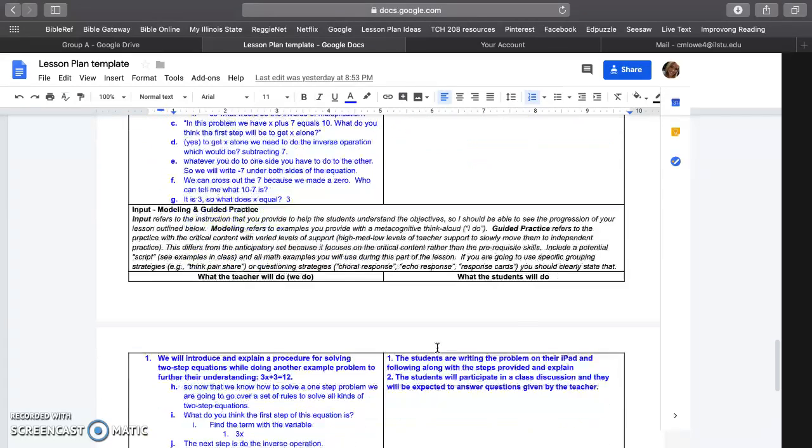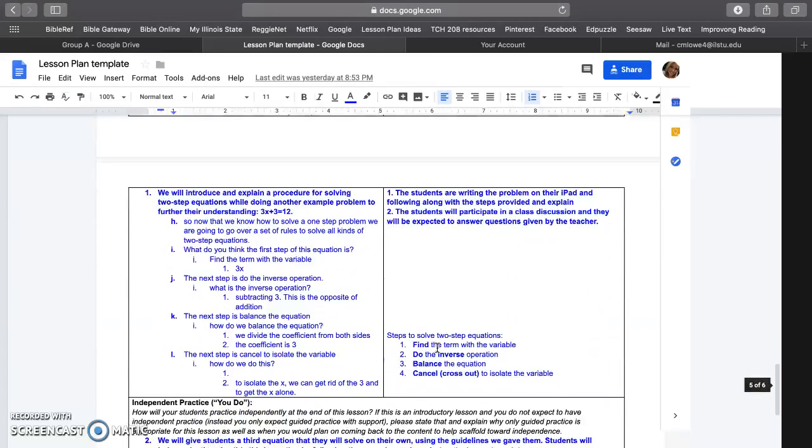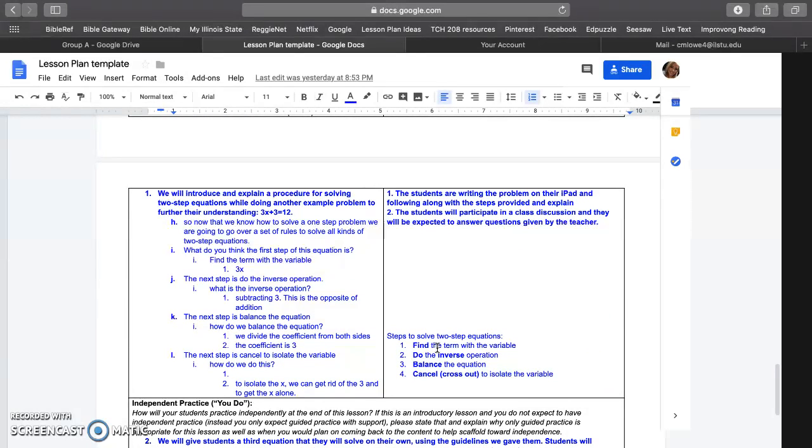And so then the we do part, this is where we're going to do together, and that's where we're doing the 2-step equation, which is 3x plus 3 equals 12. We also have right here our procedural steps, which is first find the term with the variable, second do the inverse operation, third balance the equation, fourth cancel to isolate the variable.